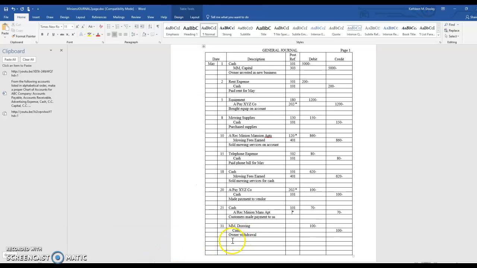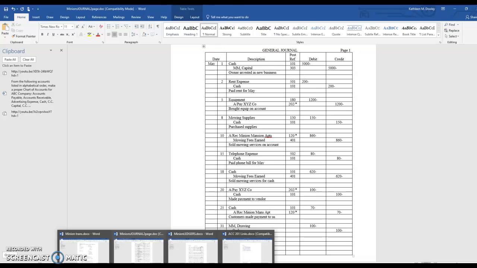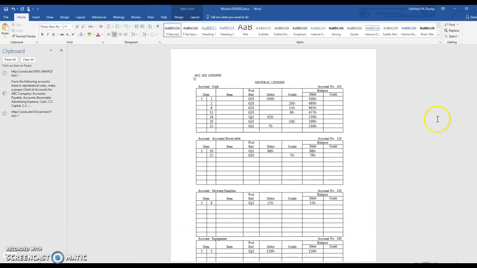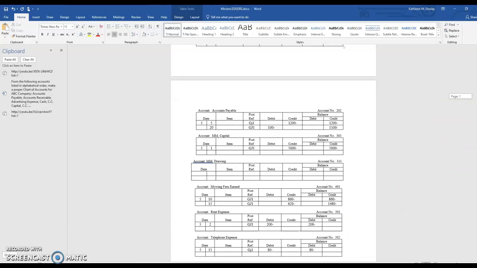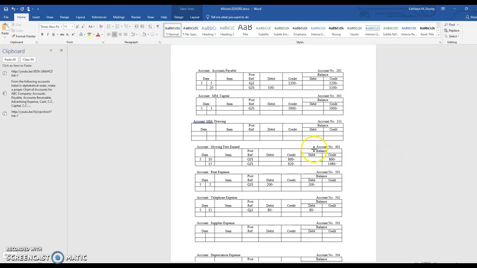That's account 120. Okay, we go to the drawing, a debit of $100 on the 31st. And that gives us a $100 debit balance.